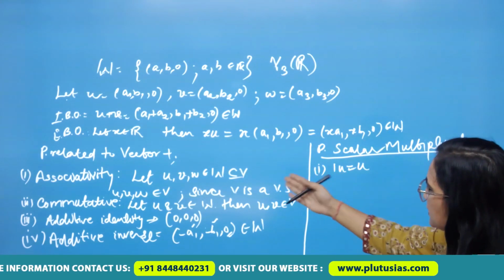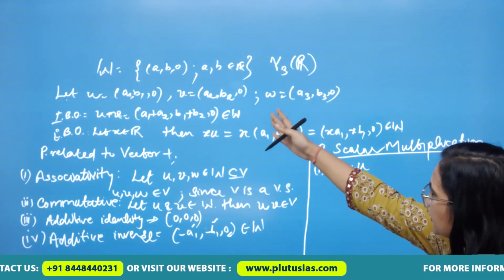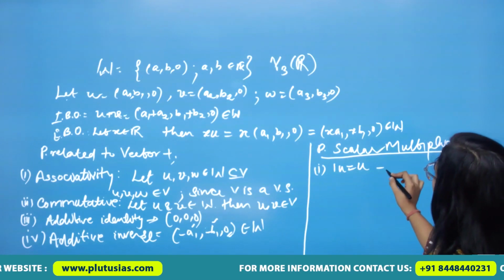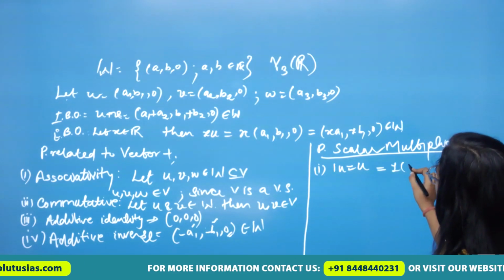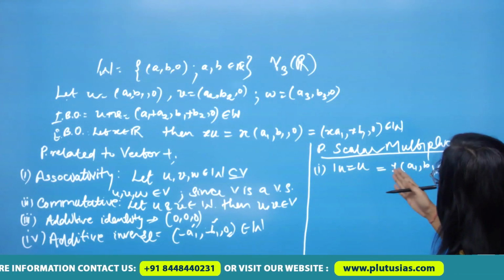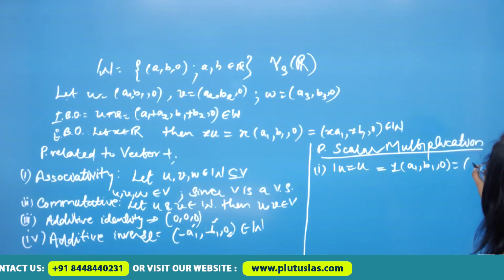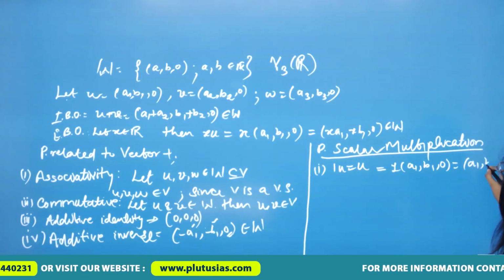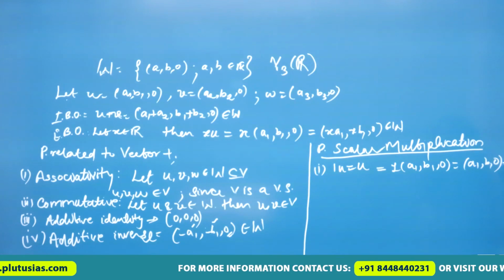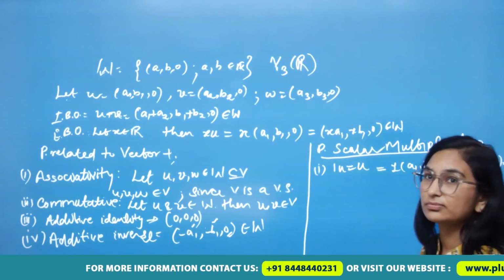And 1 was the multiplicative identity of field F. So 1 u was (a1, b1, 0), and if 1 goes inside, it turns out to be (a1, b1, 0), but this is the same element u, and we needed to prove only this much, right?